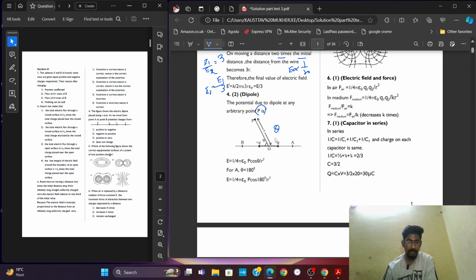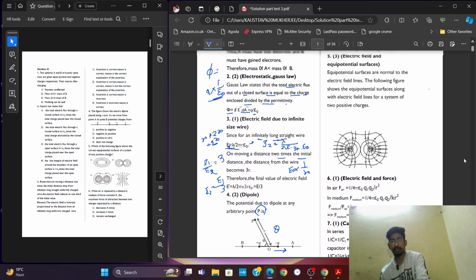If now A is placed in this direction, the angle will be equal to 180 degrees. Theta is equal to 180 degrees for this. Put the value in this formula, 1 by 4 pi epsilon, p cos theta by r square. What you will get is cos 180 degrees equals -1, so this whole value will be negative.